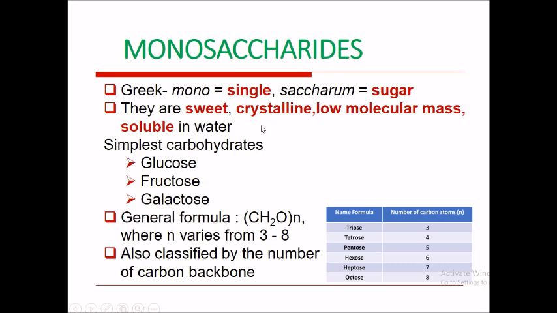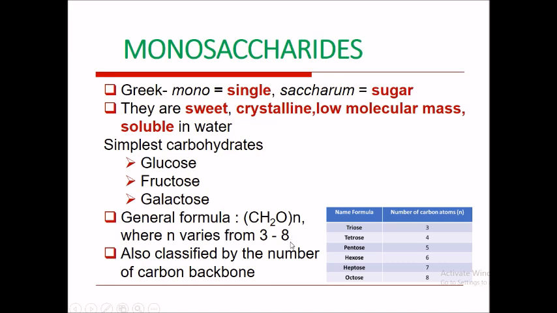Examples of the monosaccharides are glucose, fructose, and galactose, in which the general formula of monosaccharide is (CH2O)n, where n varies from 3 to 8. So it can be C3H6O3 because 2 multiplied by 3 is 6, or C4H8O4, and etc. until 8.